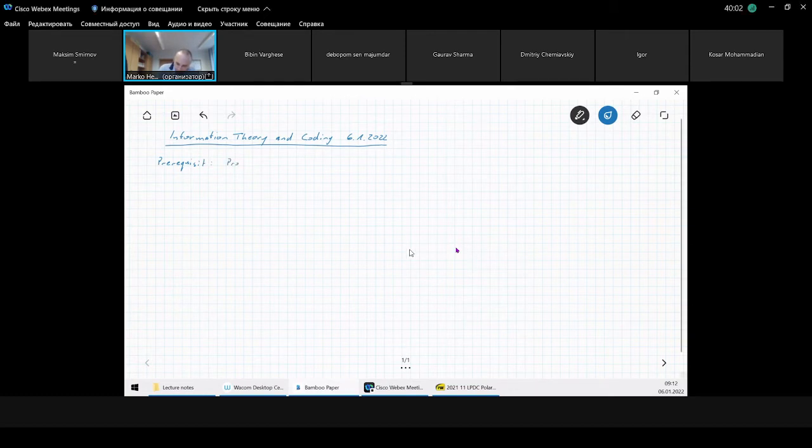So, the probability that a sum of binary random variables will be 0. Or we could also ask the other way around, what's the probability that the sum will be 1? But to get started, we ask for 0 here.